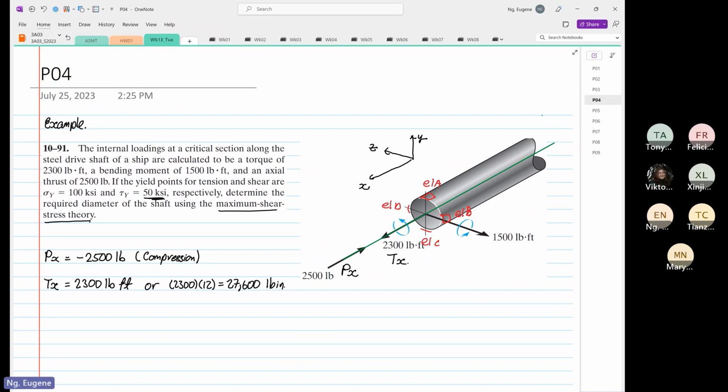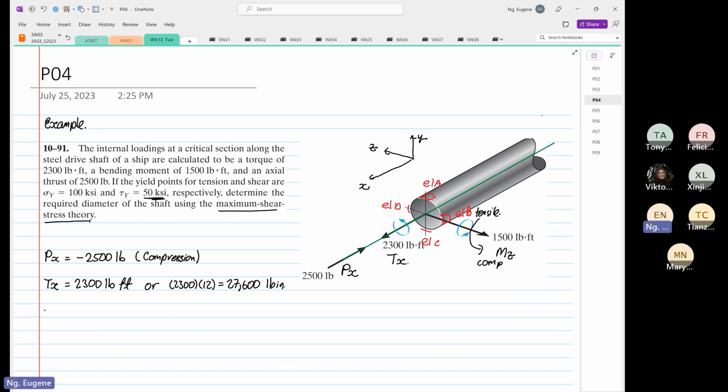And then we have a moment in Z, right? As you can see how the moment rotates, over here with compression, on top it'll be tensile.